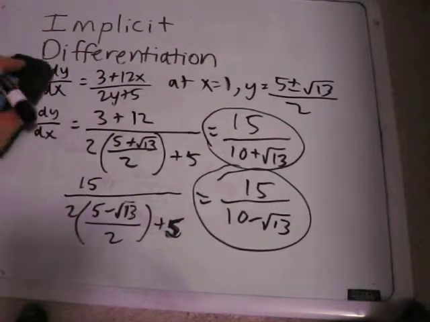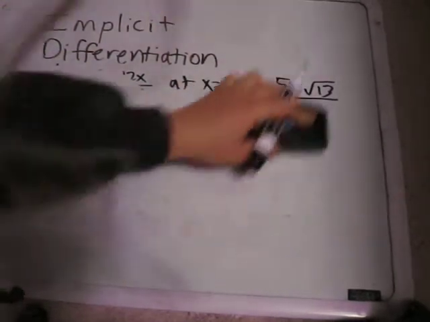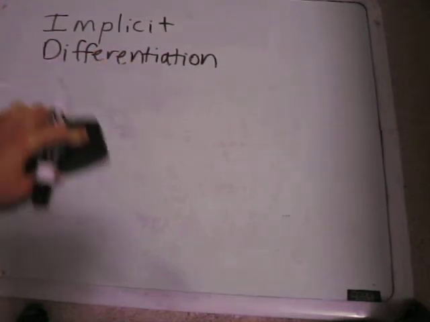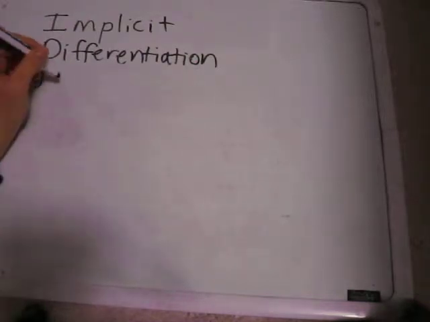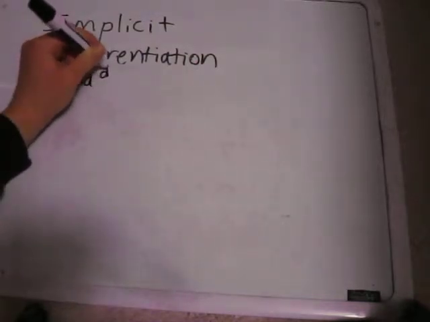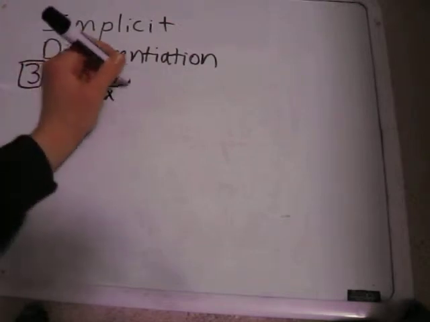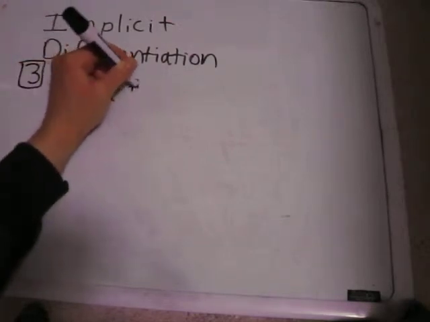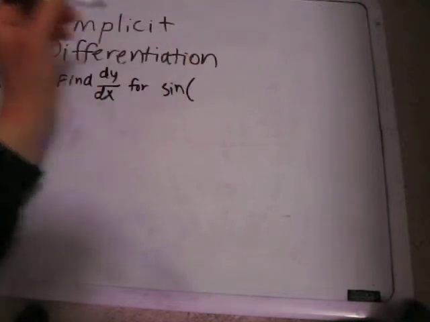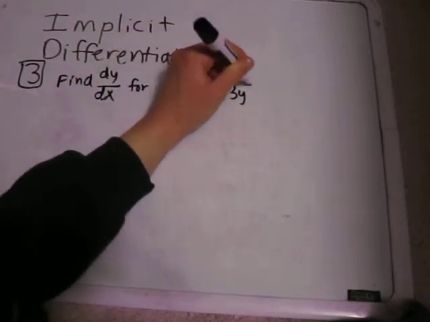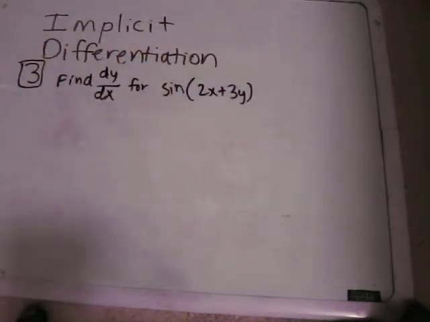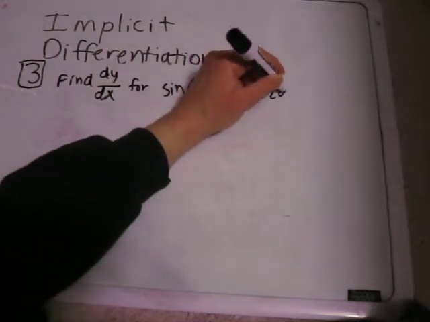Okay, so now example 3. So now we're asked to find dy/dx for sine of 2x plus 3y equals 2y plus 7.